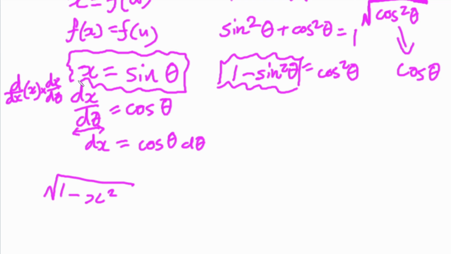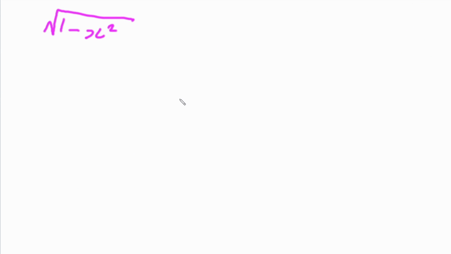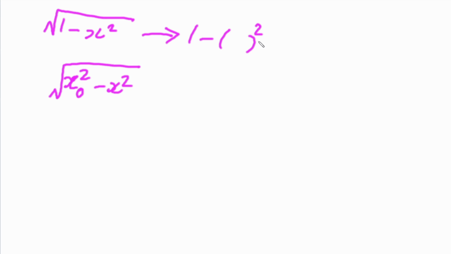So it would follow logically that we could do a similar thing for a similar function. So say we have the square root of x naught squared minus x squared, where again x naught represents some amplitude, some physical quantity that's constant. Then what do we do now? Well, the center of this relied on the fact that 1 minus trig thing squared was equal to another trig thing squared.